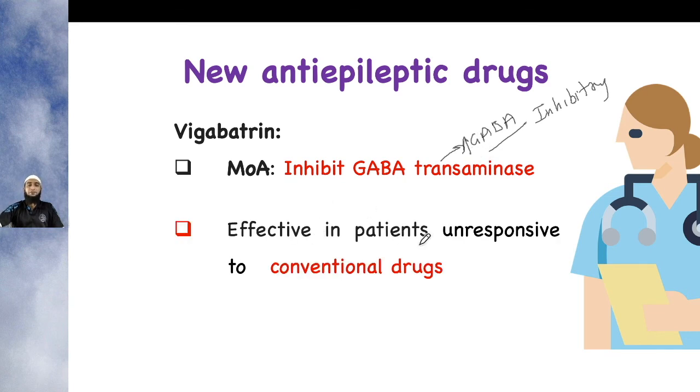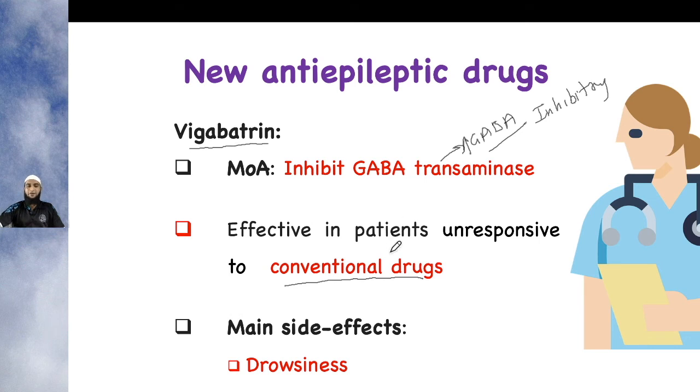In addition, it is effective in a patient who is unresponsive to the conventional drugs. So what are the conventional anticonvulsant drugs? The conventional anticonvulsant drugs are phenytoin and, second, carbamazepine. So if the patient is not responding to the conventional anticonvulsant drugs, then you can use a new anti-epileptic drug like vigabatrin. So it can be tried.